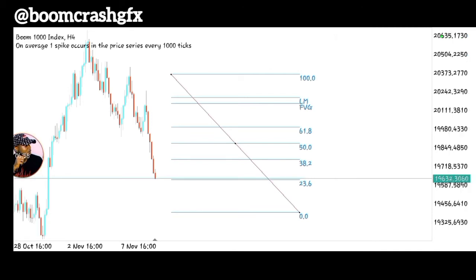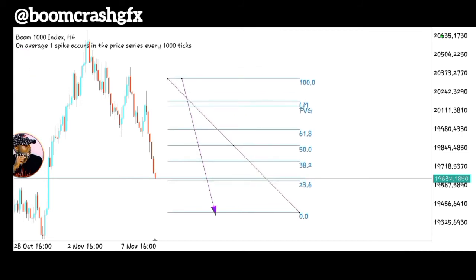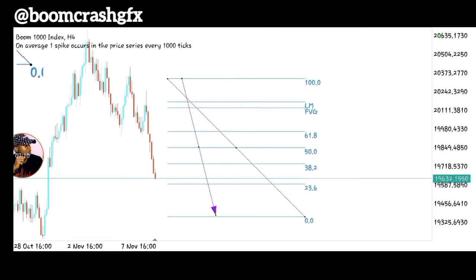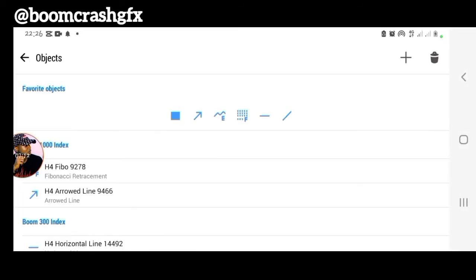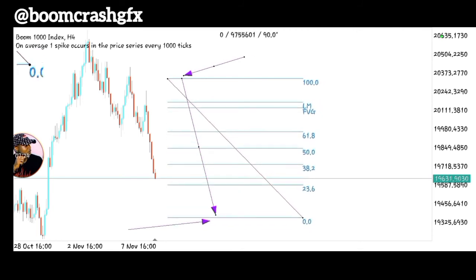So basically, let's say we have our downtrend movement from our peak to low. So this is our peak, and this is our low. So we've drawn our Fibonacci too.